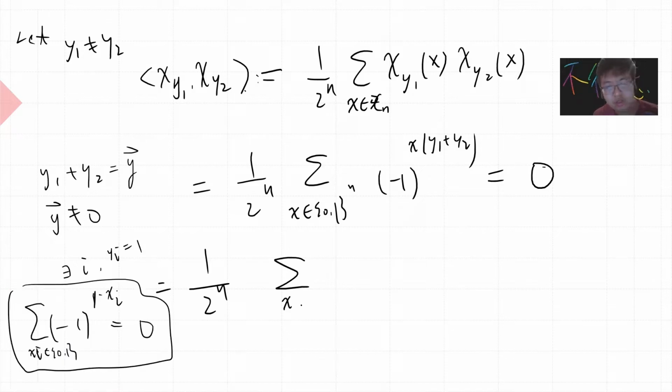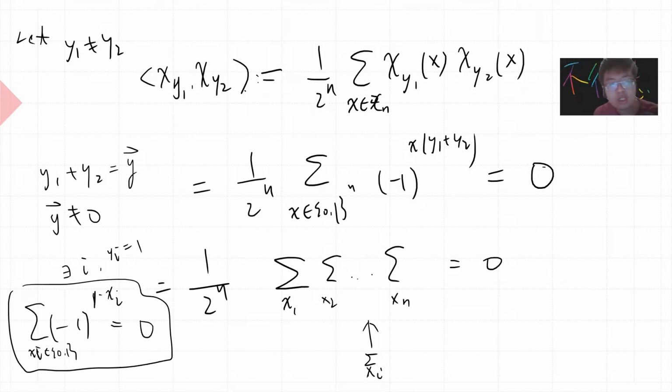When you write the summation over x1, x2 up to xn, there will be some i term here, and this term will contribute 0. So you can easily prove it.